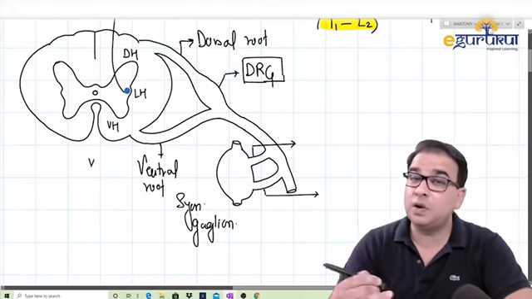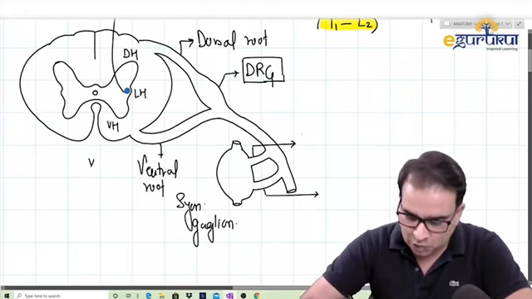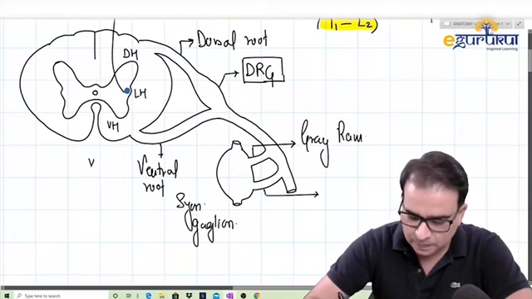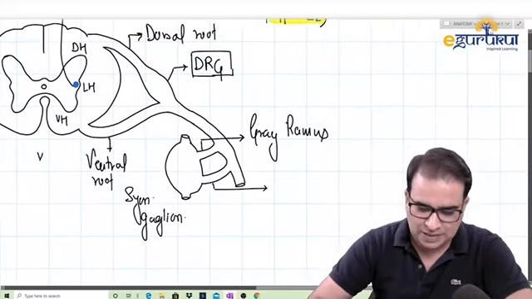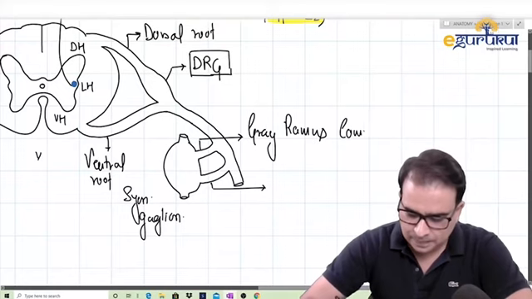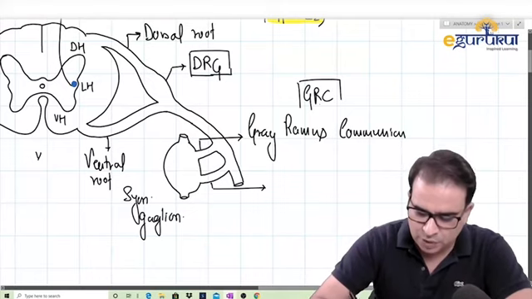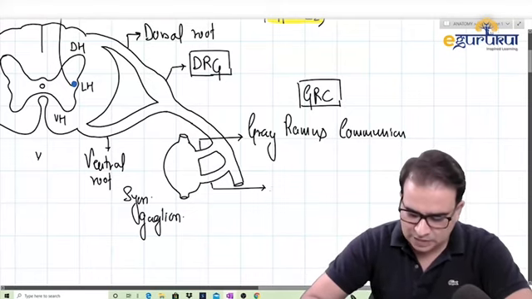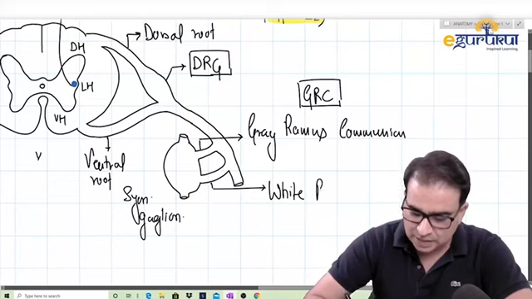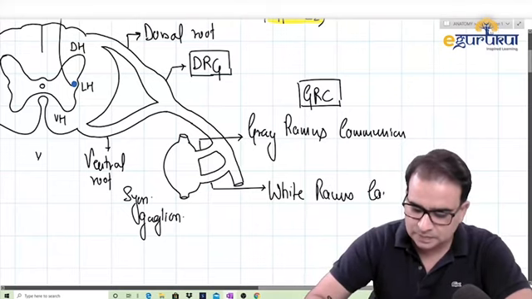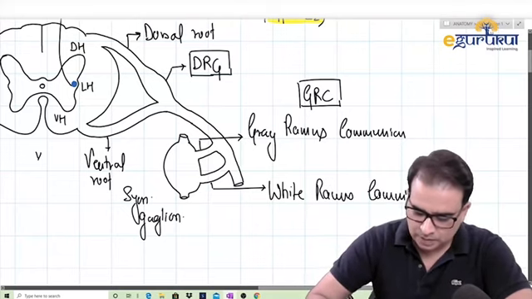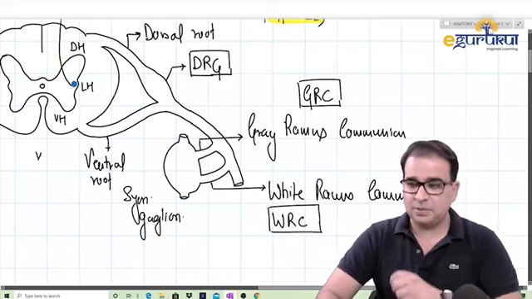The one which is proximal, closer to the spinal cord, is called the gray ramus communicans. Let's call it GRC from now on. And the one which is more distally placed is called the white ramus communicans. Let's call it WRC.